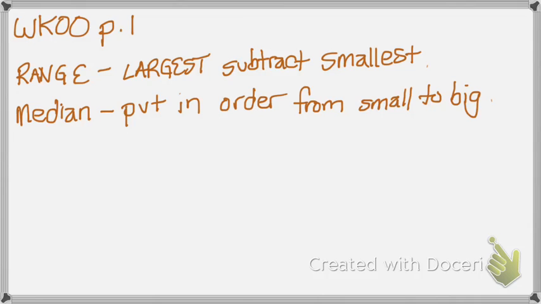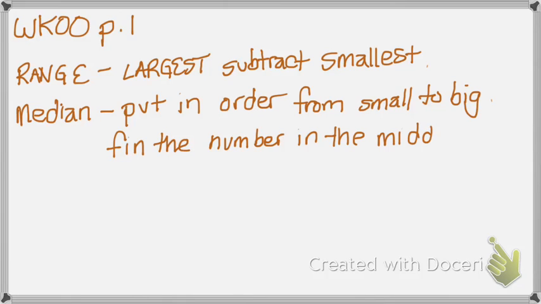And then you need to find the number immediately in the middle. Now sometimes you're going to find two numbers immediately in the middle. If you do find two numbers immediately in the middle, you'll need to average them.